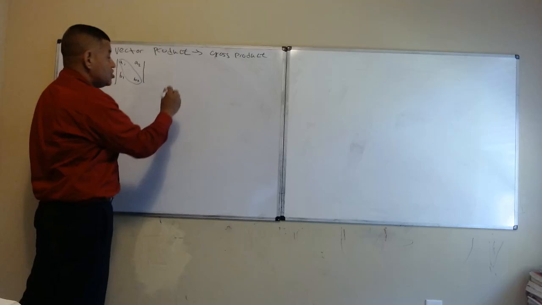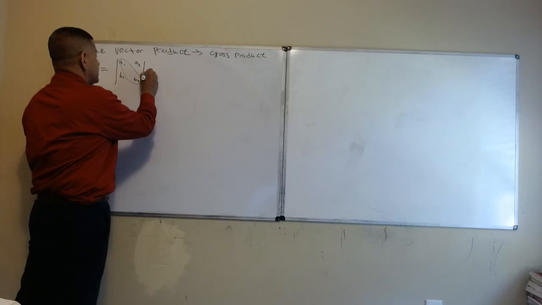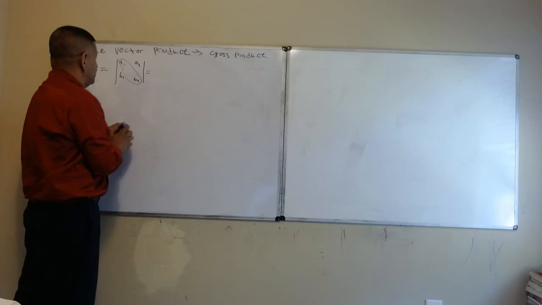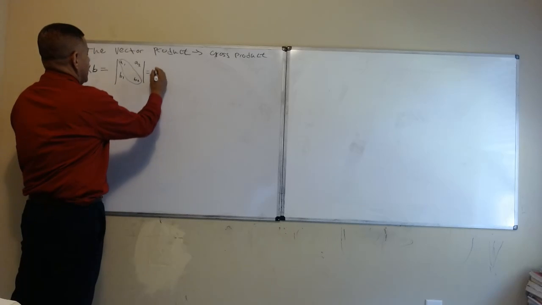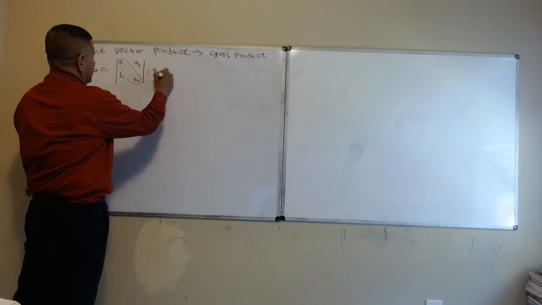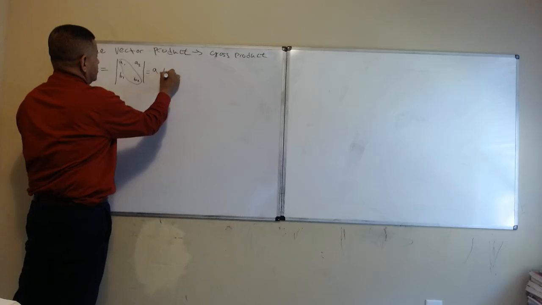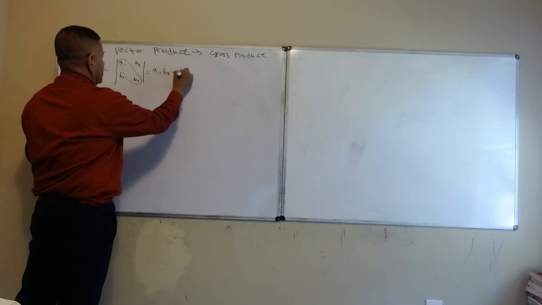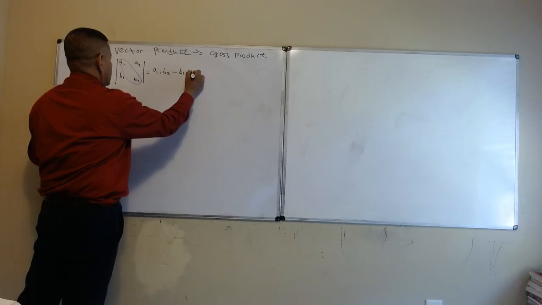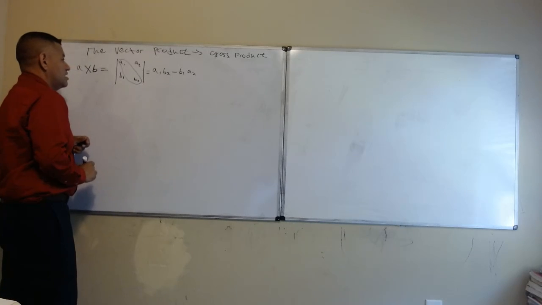So this technically is going to be A1 B2 minus B1 A2, right?